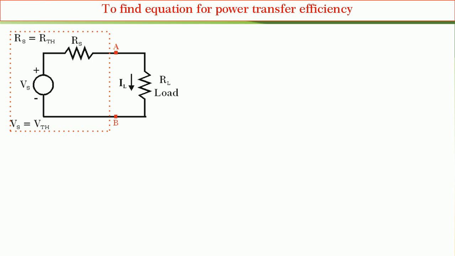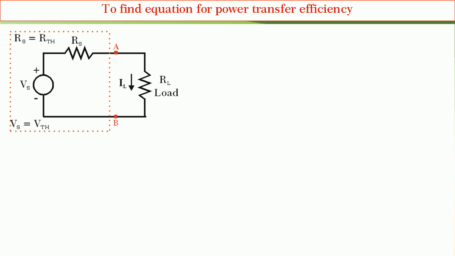If we take Vs equal to V Thevenin and Rs equal to R Thevenin, we see the Thevenin's equivalent circuit. Then, you may be thinking why this circuit is chosen. I have an answer, friends. You know that given any circuit having a number of sources and linear circuit elements, we can get its Thevenin's equivalent circuit across the load branch as shown.